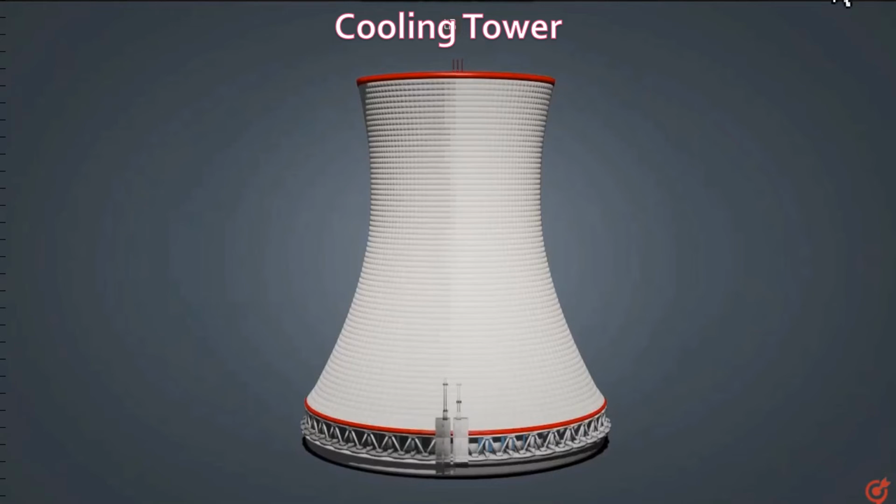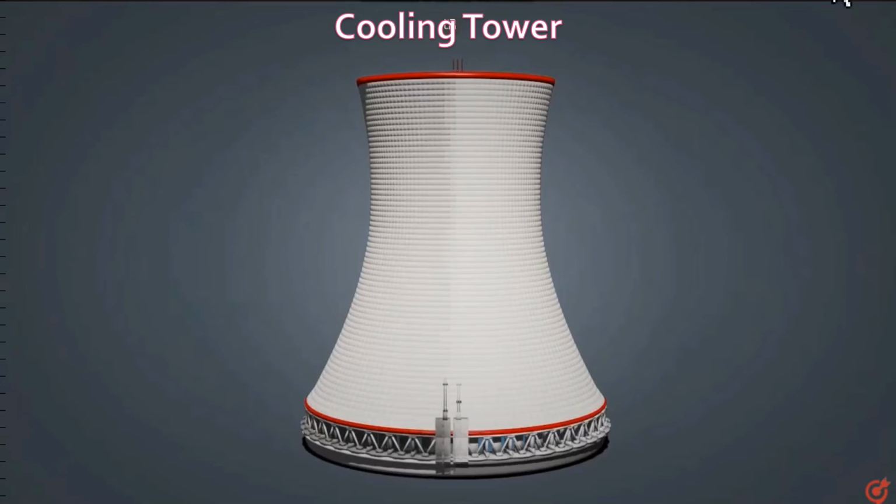Okay, so now we are in the last part of the nuclear reactor, and as I mentioned just now, the steam needs to be cooled down, condensed back to become water, so that it can be recycled. So what is used as the condenser? This is where the third circuit comes in.